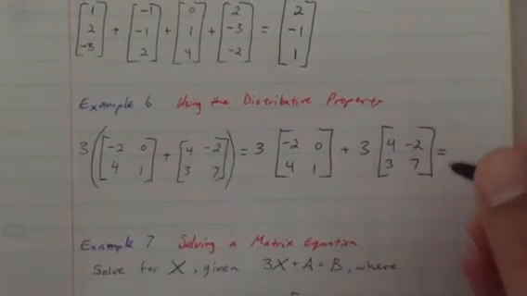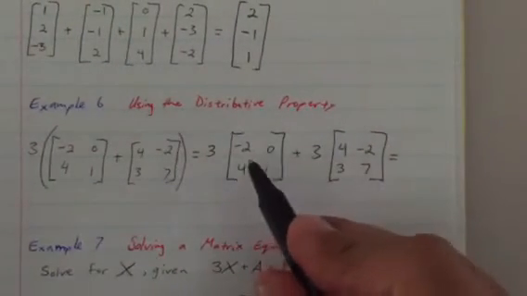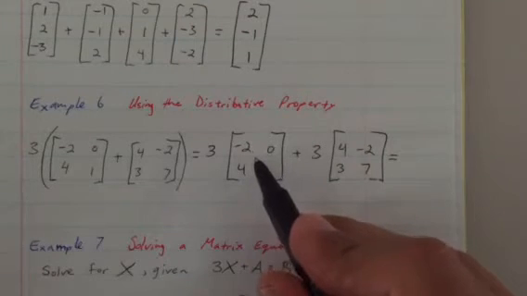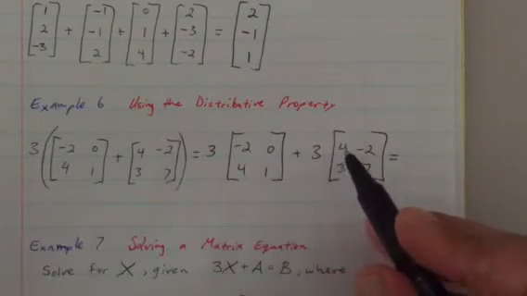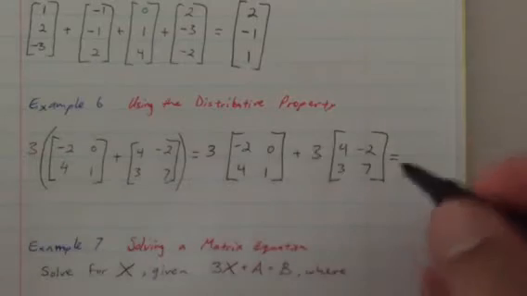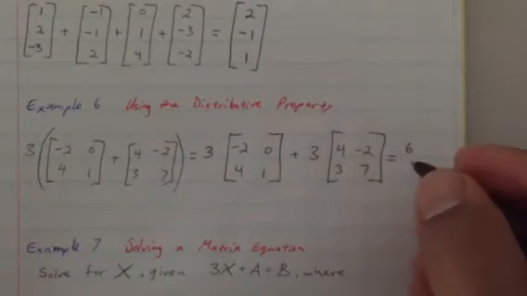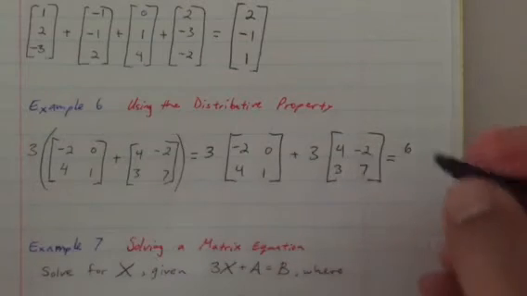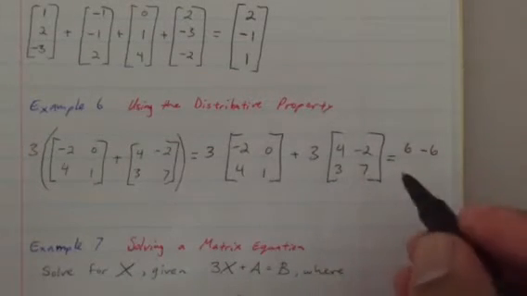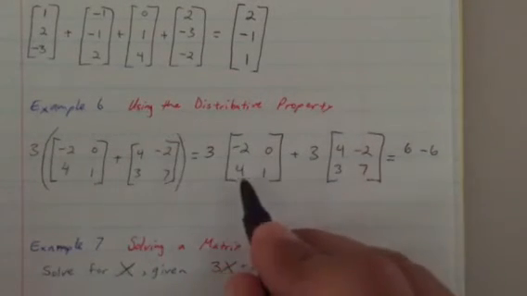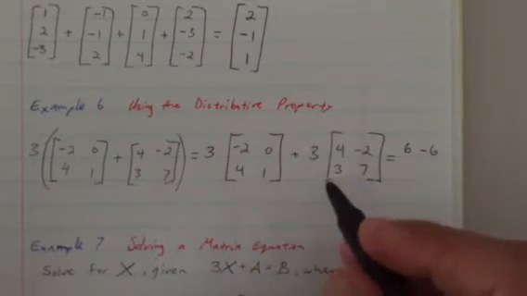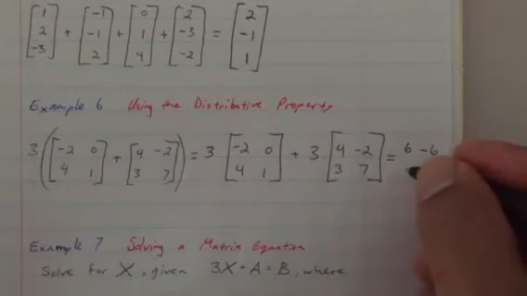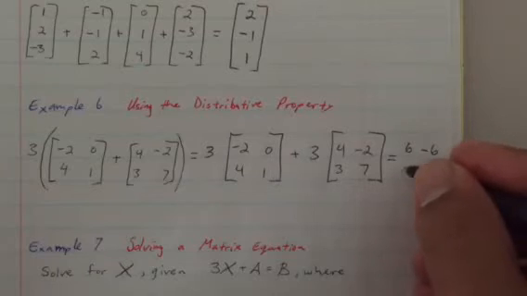We're going to get 3 times -2, that's -6, and 3 times 4 is 12, so -6 plus 12 is going to leave us with 6. 3 times 0 is 0, 3 times -2 is -6, so that's going to leave us with -6 when we add them. 3 times 4 is 12, 3 times 3 is 9, so 12 plus 9 is going to be 21.